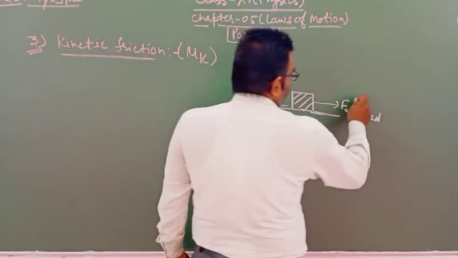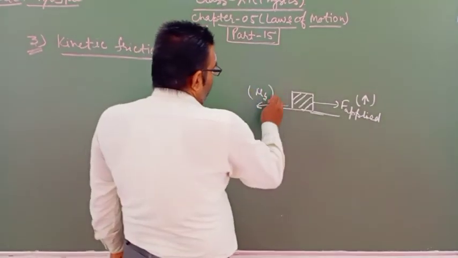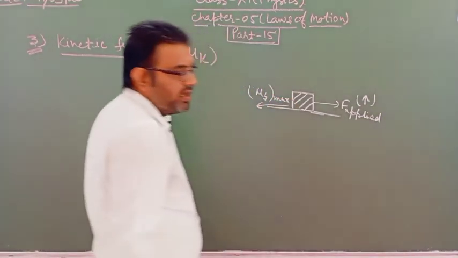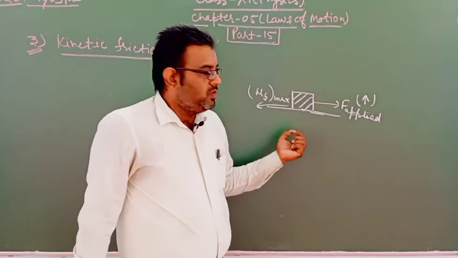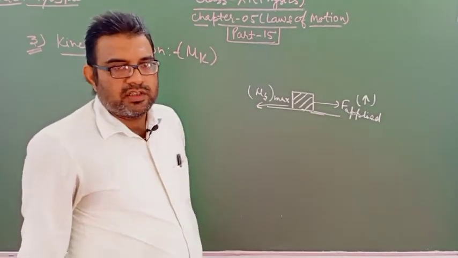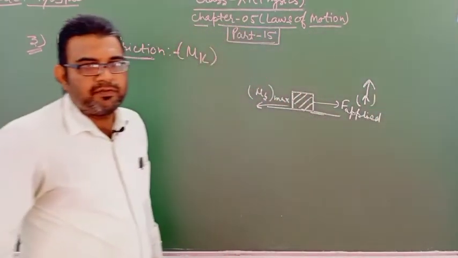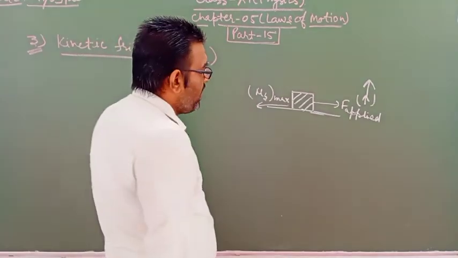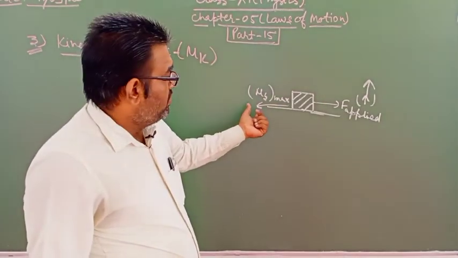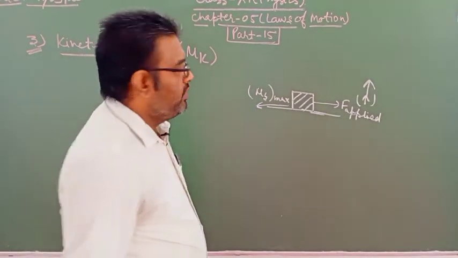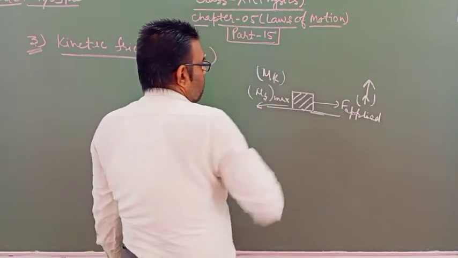Now, if this force goes on increasing, a value comes that is called the limiting friction, Fs max, when the object is just about to move on this horizontal surface. Now if the applied force is increased further, what will happen? The applied force overcomes the limiting friction Fs max, and then the frictional force decreases.